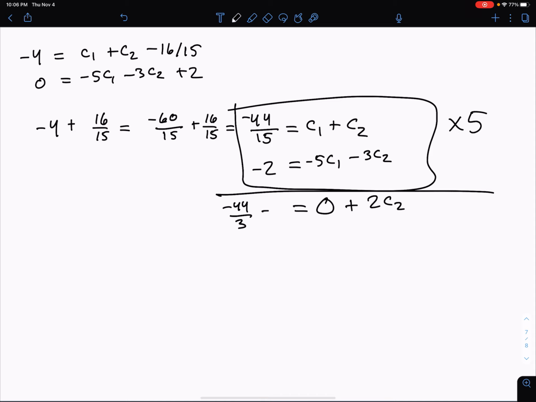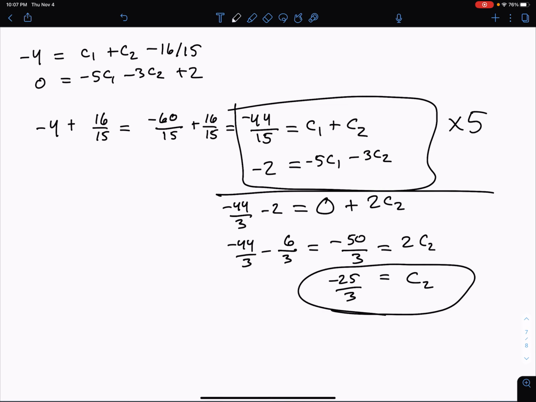And then minus 2. And that would be the same as -44 thirds minus 6 thirds, which would equal -50 over 3. And that equals 2C2. So C2 has to equal -25 thirds.